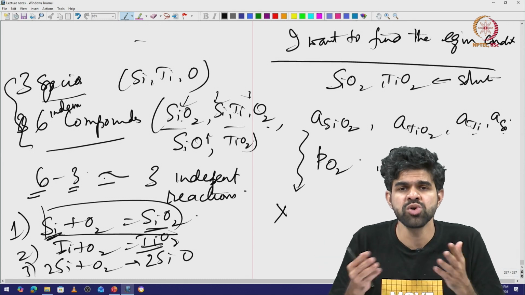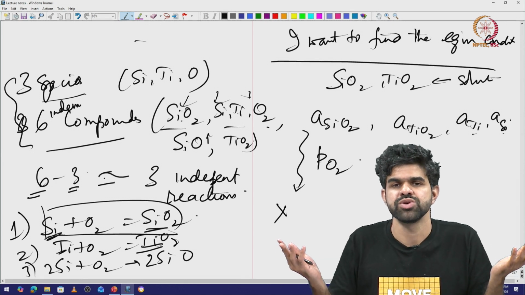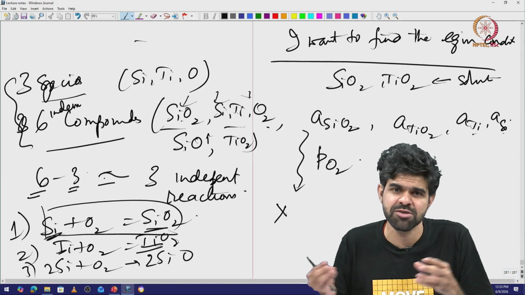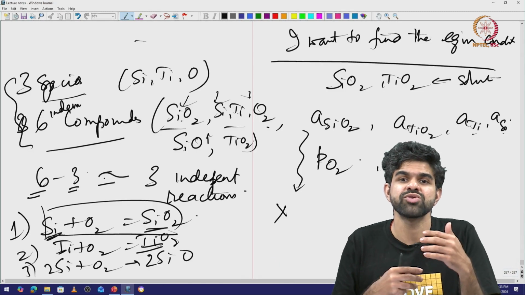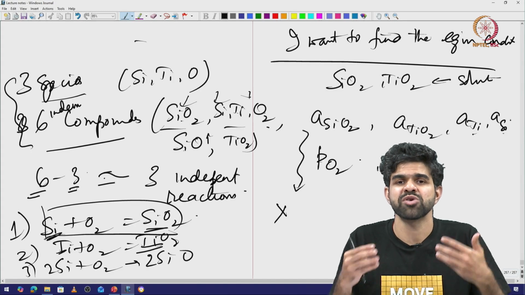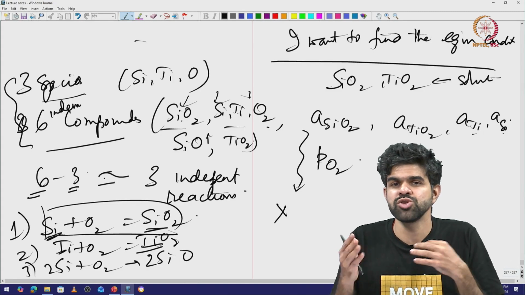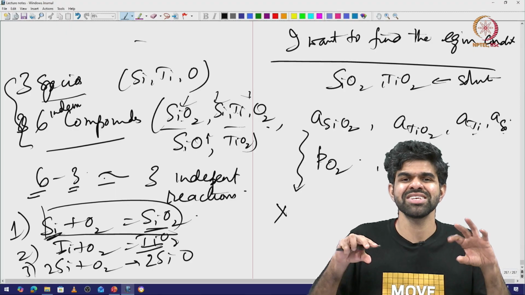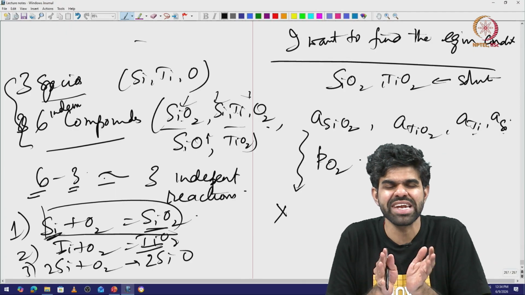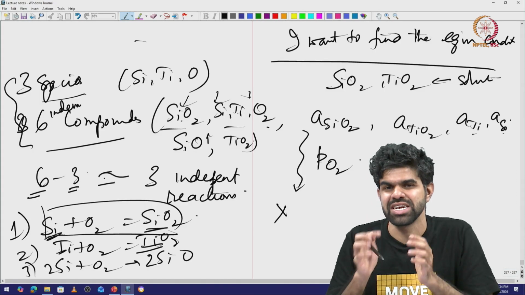But if I don't know that, I am just going to assume everything as an ideal solution, which may be wrong, right. So if it is wrong, we will know later, right. So there is a lot of interaction between silicon oxide and titanium oxide that you cannot assume an ideal solution. But in dilute limits there are some approximations that you can do, that mostly assuming activities as concentrations in all these reaction thermodynamics sort of works, okay. Or it puts you in the correct direction, okay.